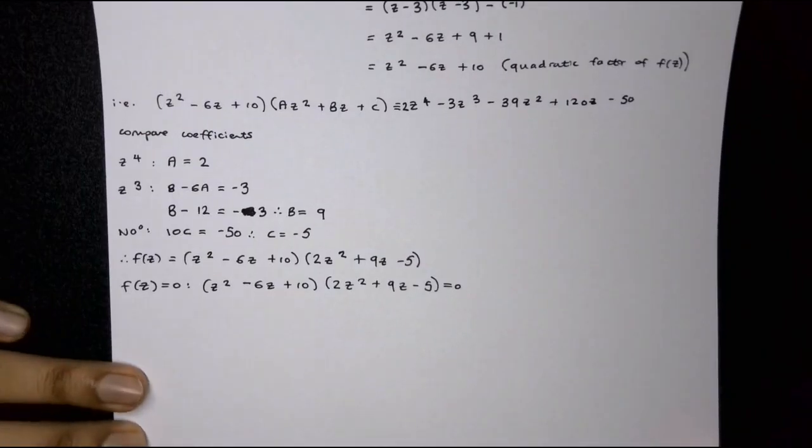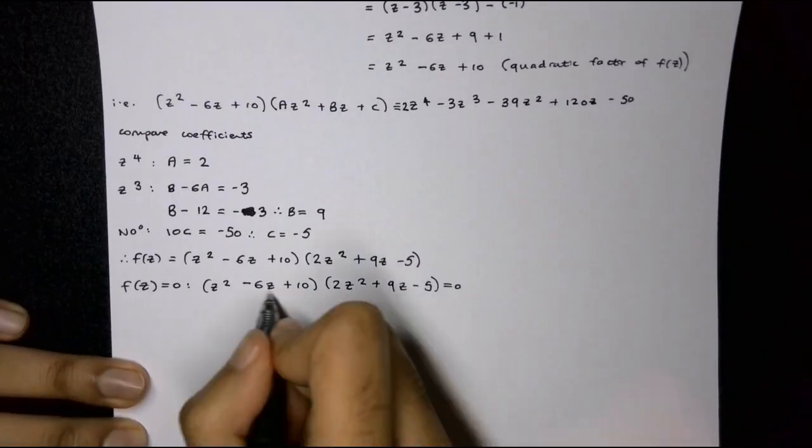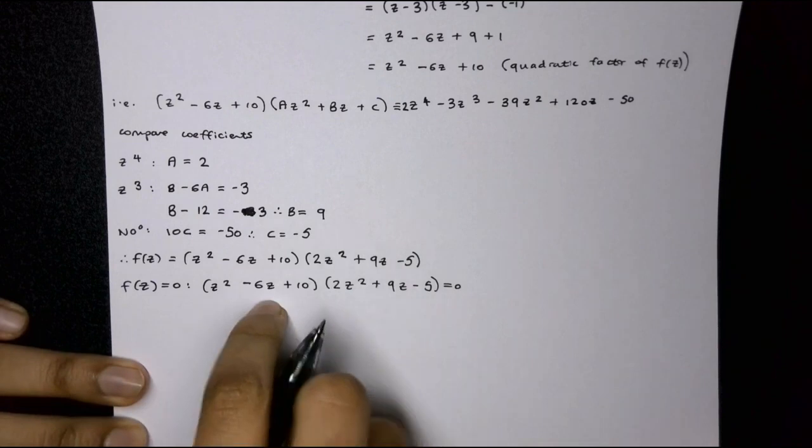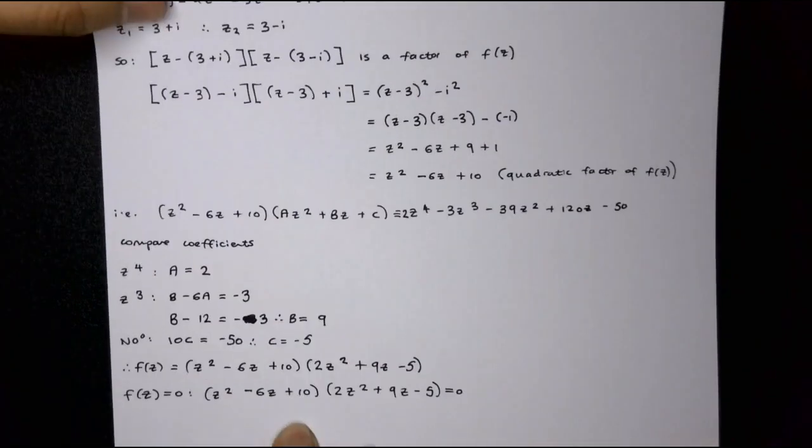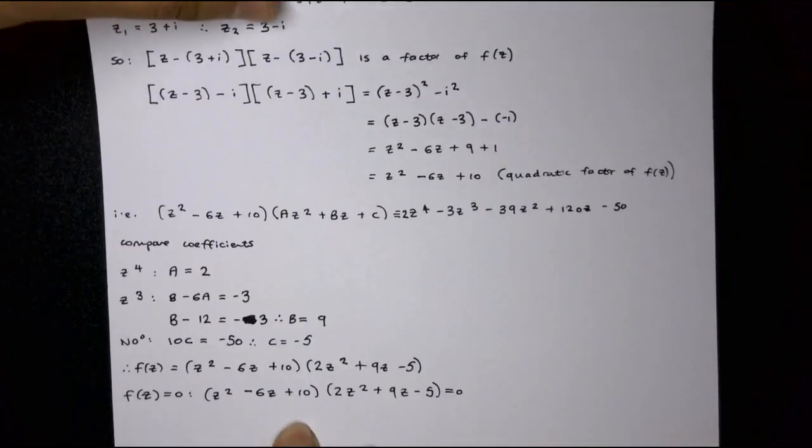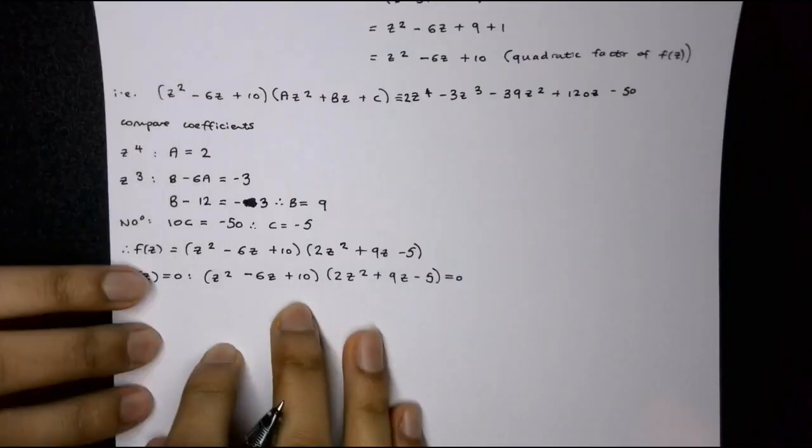So if we solve over here for z, we know from here we get solutions of 3 plus i and 3 minus i.